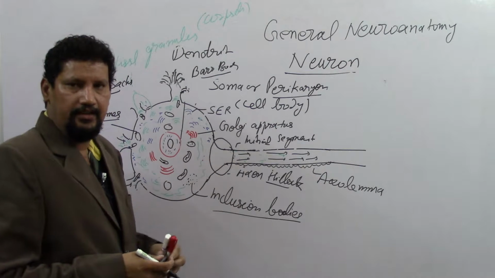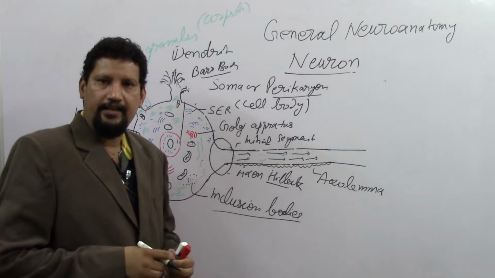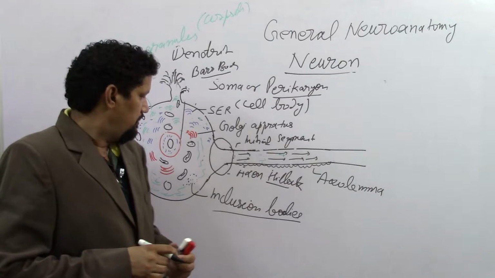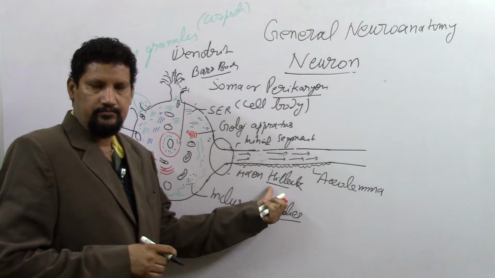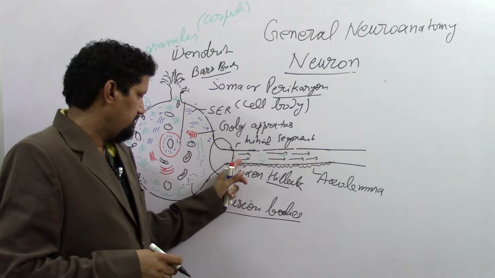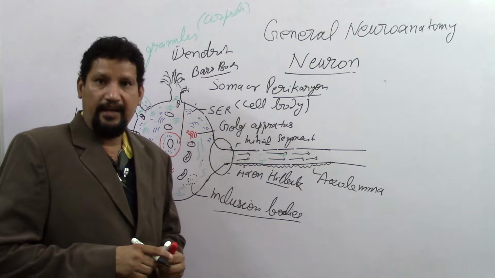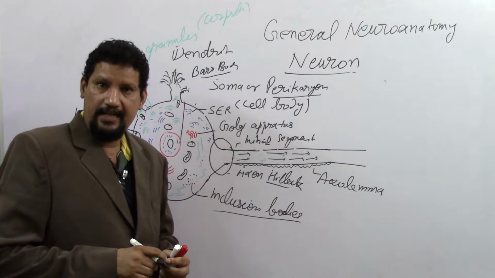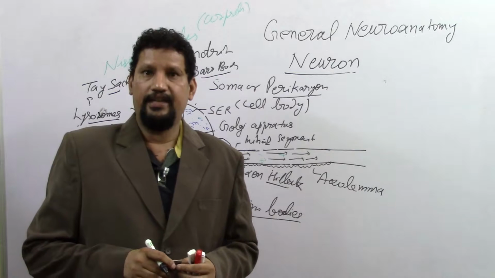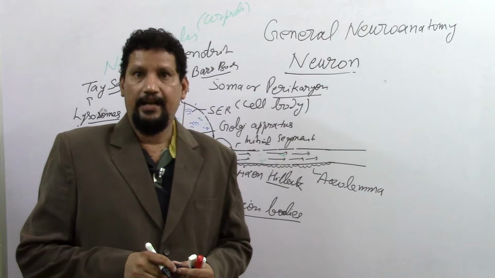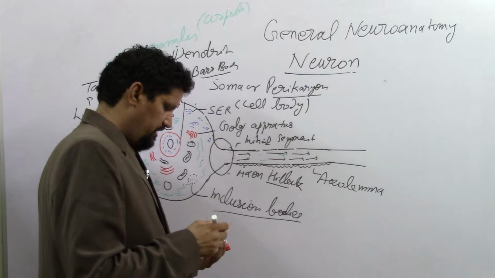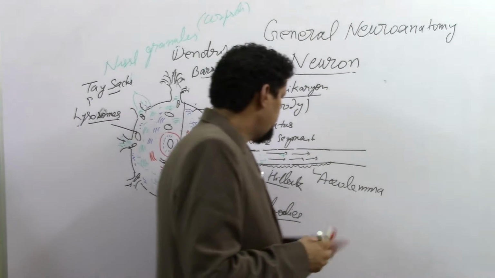It is not having Nissl substances, and it is the dilated part of the neuron known as axon hillock. The part adjacent to the axon hillock and free from myelin sheath is known as initial segment. Initial segment is involved in generation of the action potential or impulse and in propagation of the impulse from soma to the distal part of the axon.